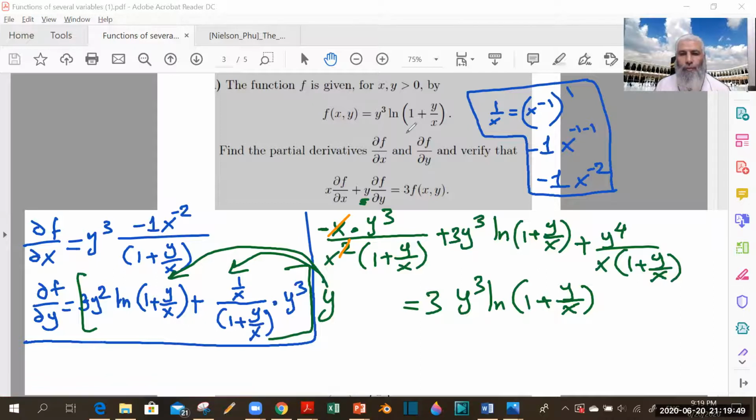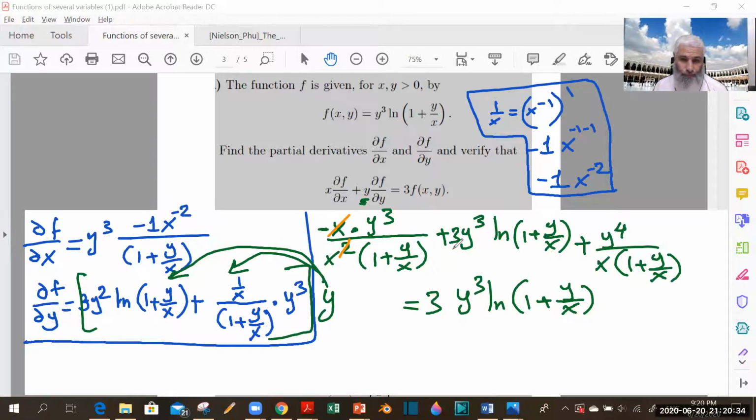So, y cubed, df/dy. Something is missing here.